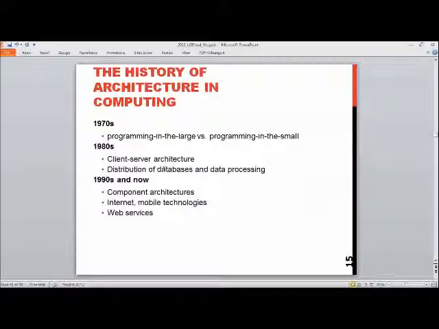For example, Microsoft operating systems still are more or less divided into client-side services and server-side services.